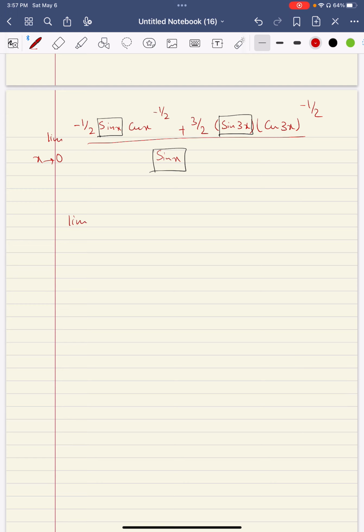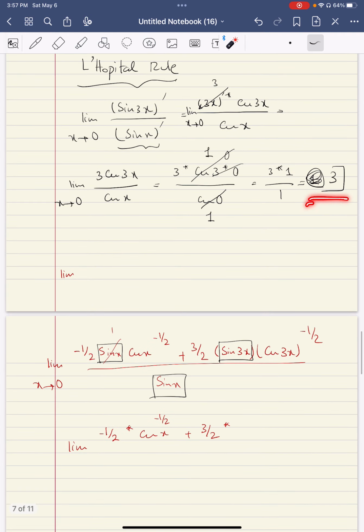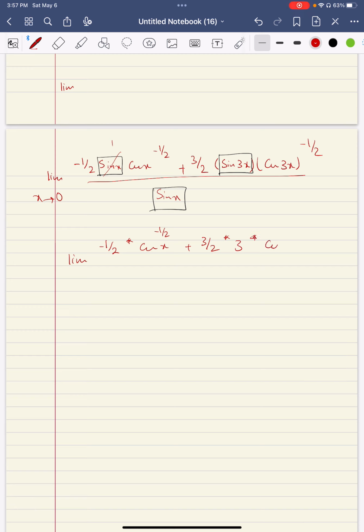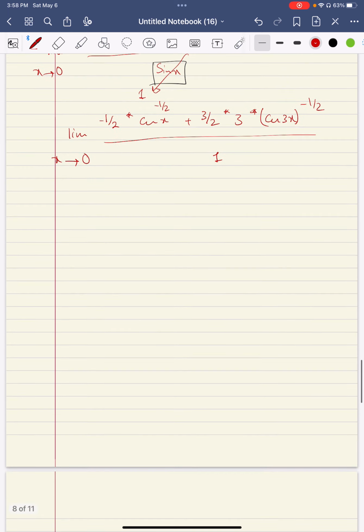So the answer would be the limit of negative 1 over 2 times, this would just cancel out, cosine x to the power of negative 1 over 2, plus 3 over 2 times, this would be 3, this would be 1, based on what we found. So times 3 times cosine 3x to the power of negative 1 over 2, and the sine x over sine x would be cancelled out as well and would be just 1, at x approaching 0.